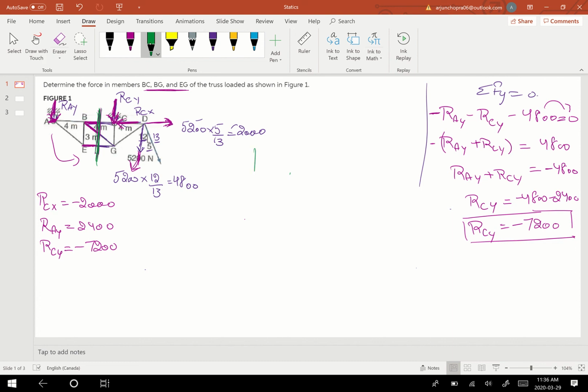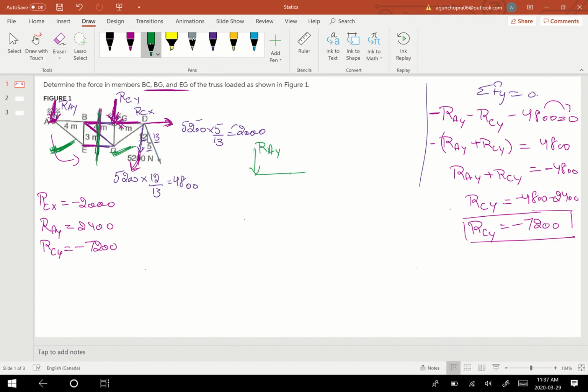You can take this portion or you can take this portion. I'm going to use this portion because there are fewer forces in this one and way more forces in the other. If I consider this section, my question will become easier. You can choose any section, the answer will still remain the same. Now, this load RAY is acting in the downward direction. I draw a free body diagram.